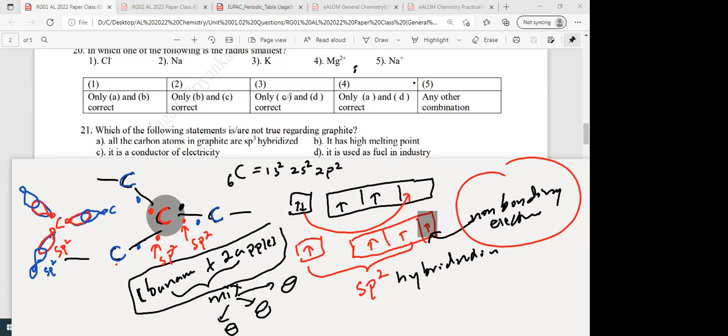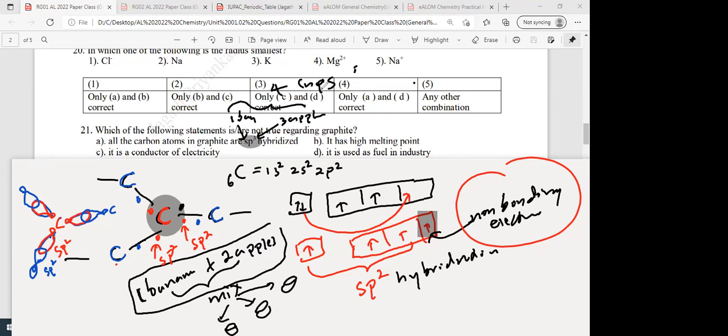Not sp3. If it were sp3 hybridization, it's like mixing 1 banana and 3 apples. If you're mixing 4 fruits, you have to make 4 hybridized cups, or 4 fruit salad cups. 4 cups you have to make.